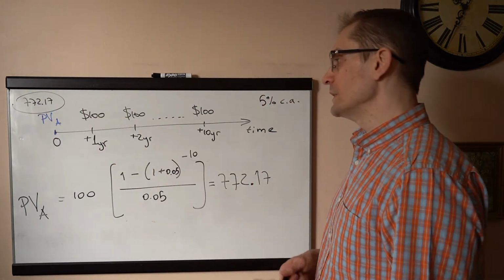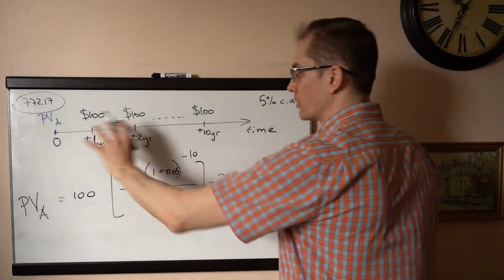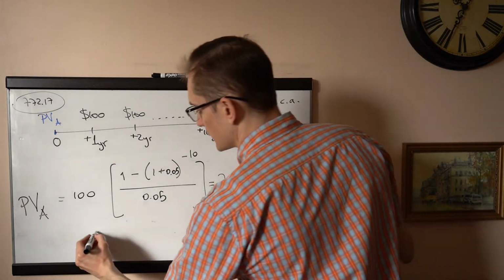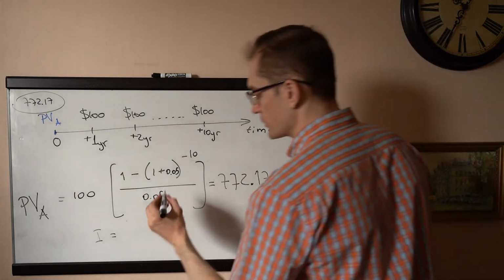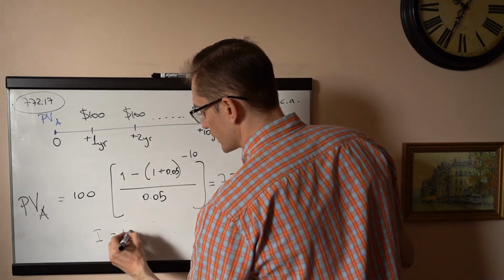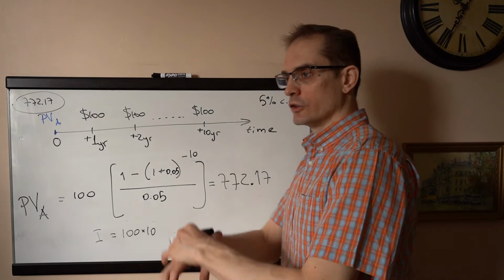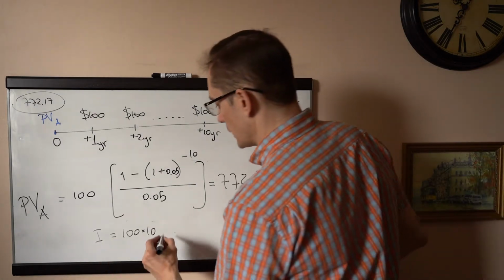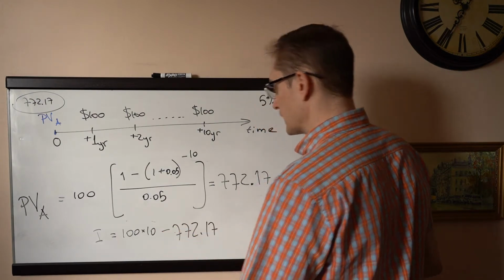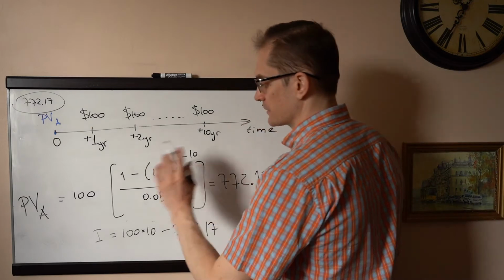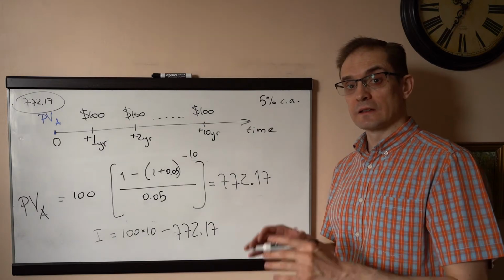So what this means is that the total interest you will pay over the course of 10 years is calculated this way, right? Of course, it will be all the money you pay, which is $100 times 10, which is $1,000. You pay $1,000 in total towards that loan. You can subtract the actual loan amount, and that will be the interest amount that you will pay towards that loan.